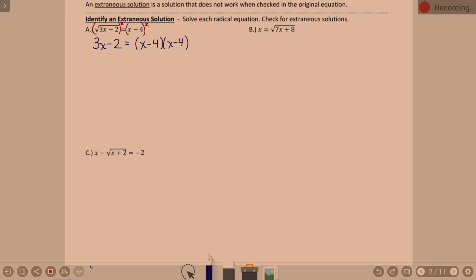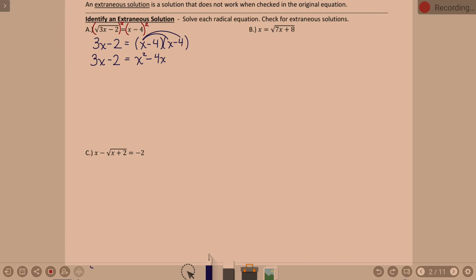So I'm going to keep my 3x minus 2 on the left, and I'm going to FOIL. X times x is x squared. How many steps do I want to show here? Officially, so x times x is x squared, right? X times minus 4 is minus 4x.